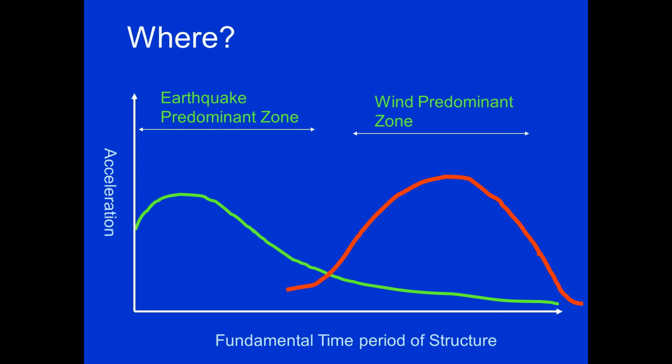But the wind prominent zone starts with a very low acceleration, then at the center it will rise and then suddenly drop down. But in comparison with wind, the earthquake is somewhat more predominant and very effective as compared to the wind zone.